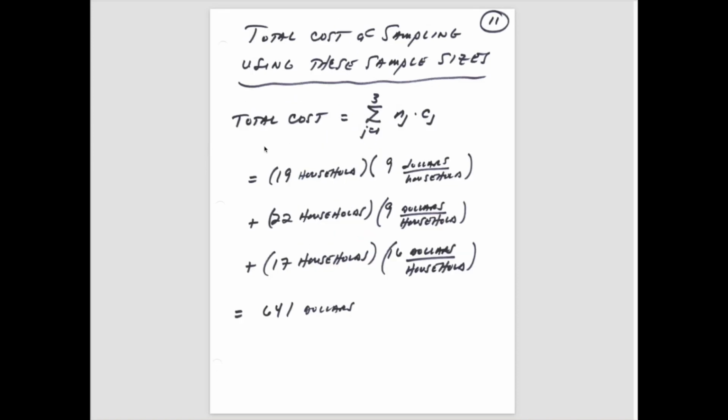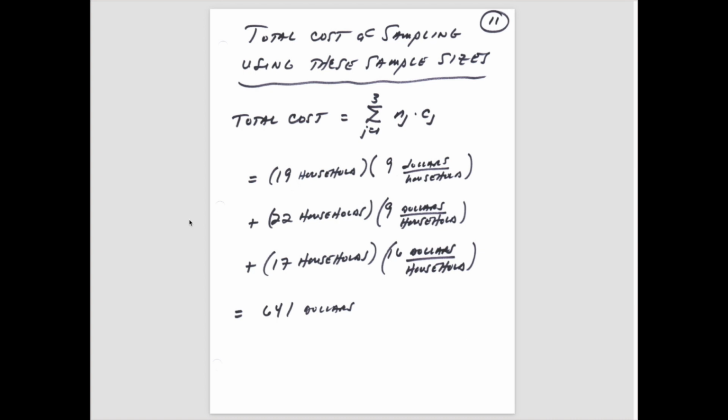All right, and we got that using 19 observations from stratum 1, 22 from stratum 2, and 17 from stratum 3. So now let's calculate the total cost for sampling for this particular experiment or sampling process.